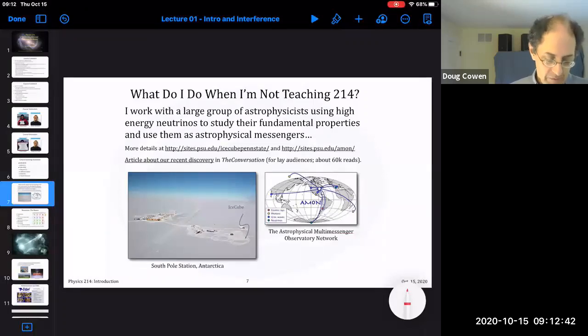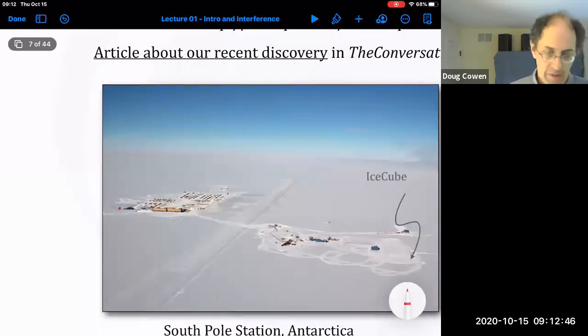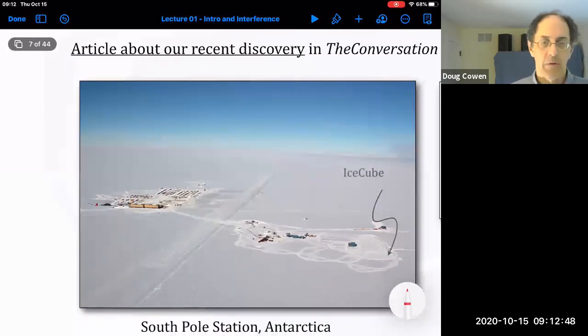So the figure down at the lower left, which I'll blow up here, is an aerial view of the IceCube detector at the South Pole. There's not much going on there. It's basically an ice cap 3 kilometers thick, and there's just a lot of snow everywhere.